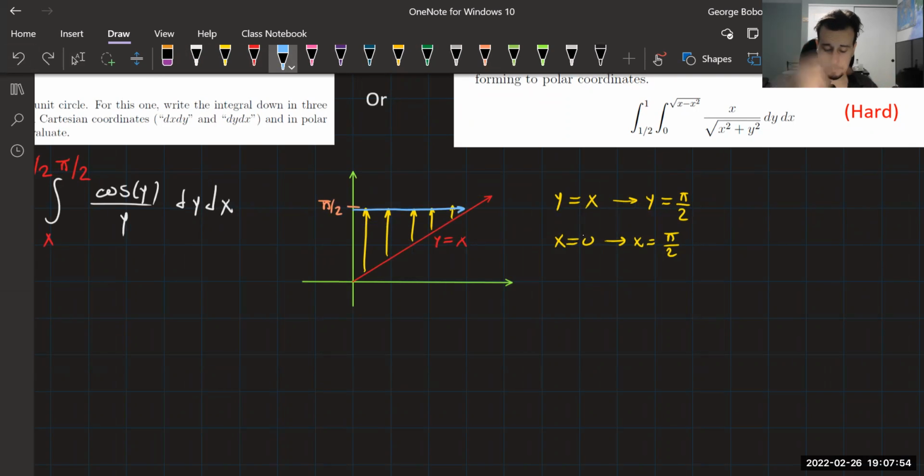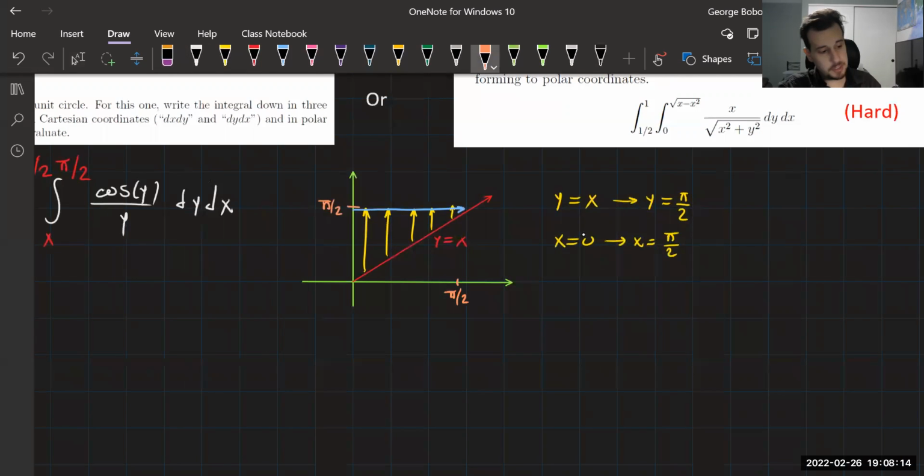Now, hold on a sec, okay? You have to be careful. You have to be mindful of our bounds. If right now the integrand space goes from x equals 0 to pi over 2, notice what the actual result is going to be. It's going to be a square, right?